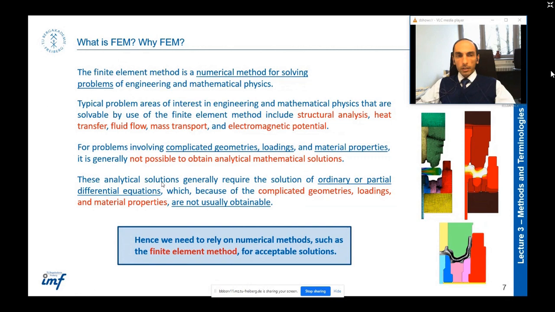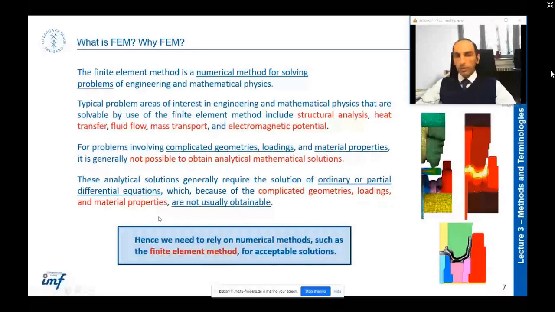But the problem is that you usually have the analytical solution just for simple problems. If the problem becomes complicated, then you cannot develop an analytical solution easily. For complicated geometry, complicated loadings, and complicated material properties, of course, you cannot use such simple analytical solutions.